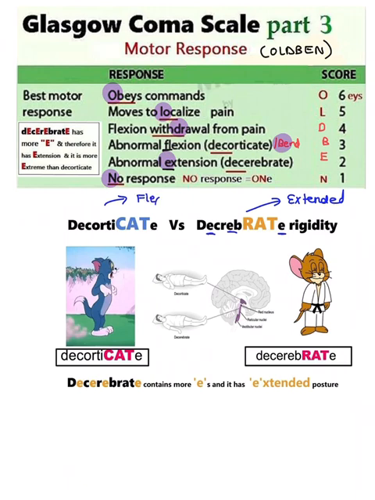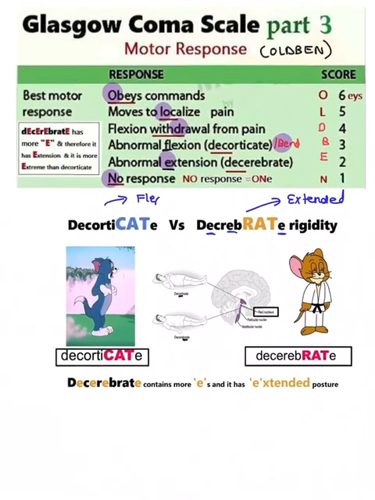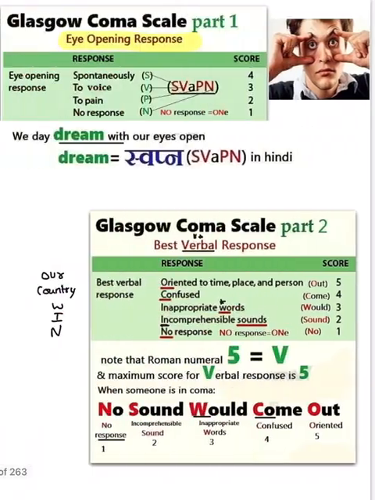Abnormal flexion is decorticate, extension means decerebrate. If you check this figure, it is not simply given like this. This is the level of the red nucleus. In decorticate, the lesion is above the red nucleus, so decorticate is AR, above the red nucleus. This also helps you coordinate with your physio. Decerebrate will be BR, that is below the red nucleus. I think this helps you simplify.